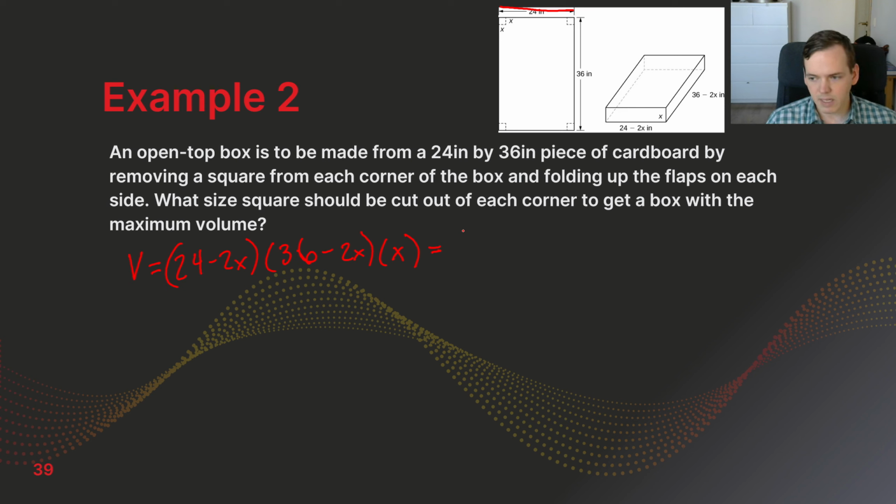If you expand this out, you get the function 4x cubed minus 120x squared plus 864x. I've done that before just to speed things up. Similarly, I've taken the derivative. V prime of x is going to equal 12x squared minus 240x plus 864.